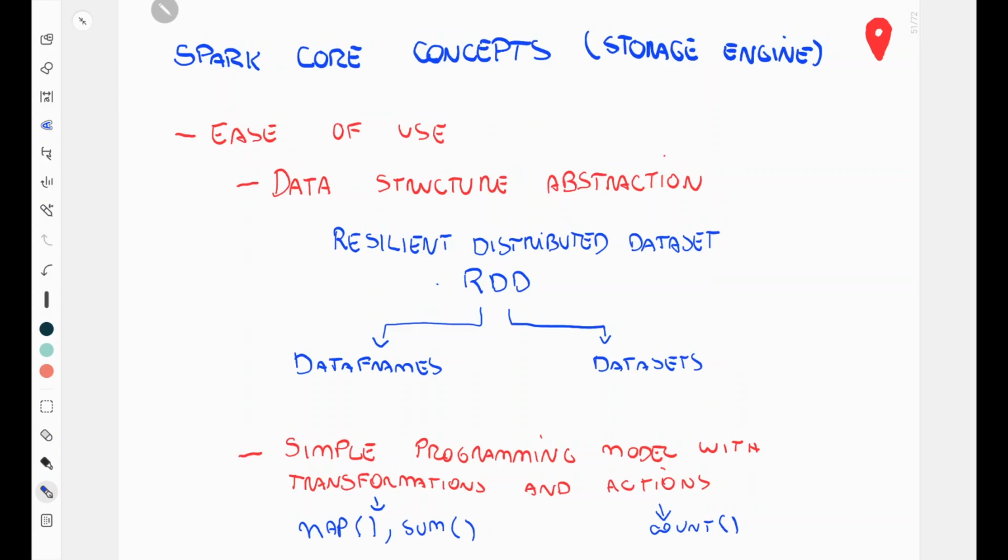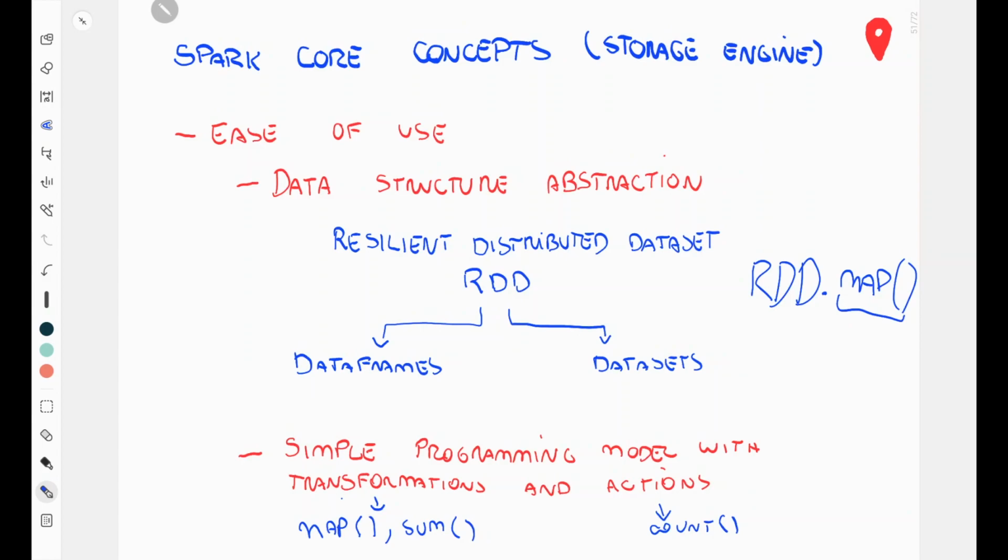And also you have a simple programming model with transformations and actions. So on, let's say, RDDs, you can perform transformations and actions. I have an RDD here, and I can select some column of it, or I can map something. So that's a quite simple command, right?